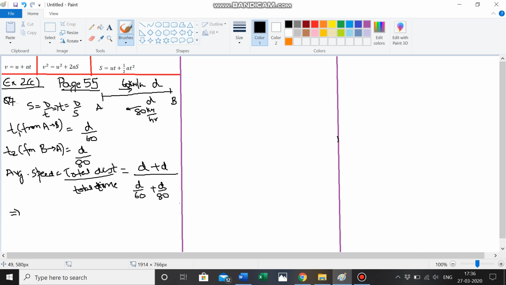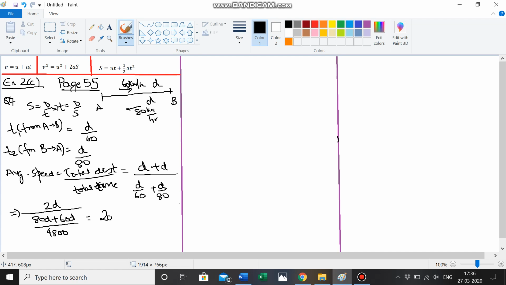So let's add this now. This becomes 2d in the numerator, and in the denominator, let's not take the LCM, let's just cross multiply. So it will be 80d plus 60d upon 80 into 60, which is 4800.